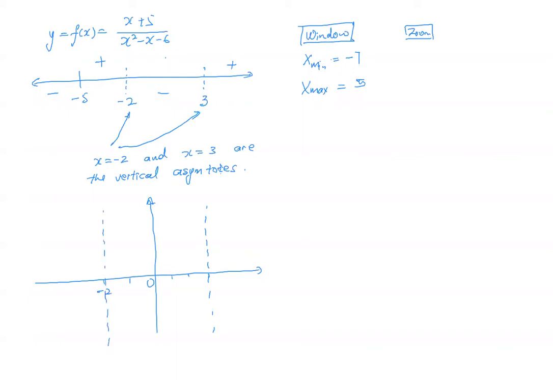So there will be one piece here, one piece down here, and another piece, and you will pass through -5 here. So this one will be on top, the other part will be below. So you see, from the sign diagram itself, I can have the features of the graph already. Are you okay?